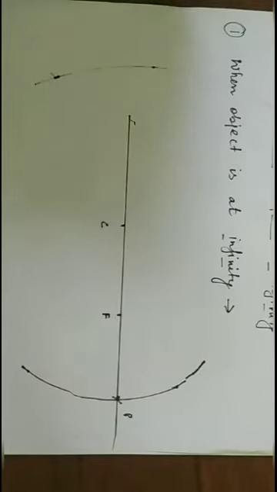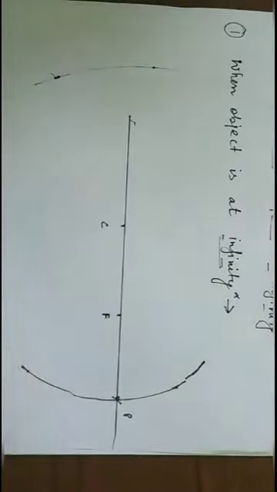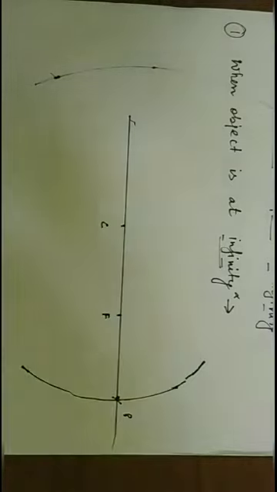Let us discuss the first case, when the object is at infinity. When an object is at infinity, the parallel rays of light are coming from the object. So I will draw two parallel lines in such a way that they follow the rules which we have studied.